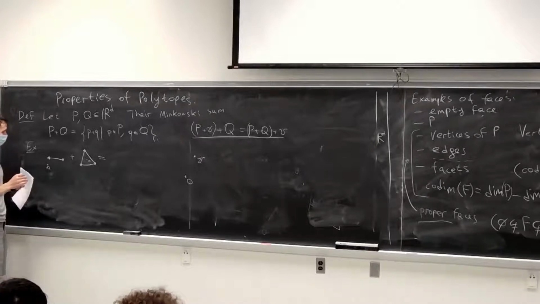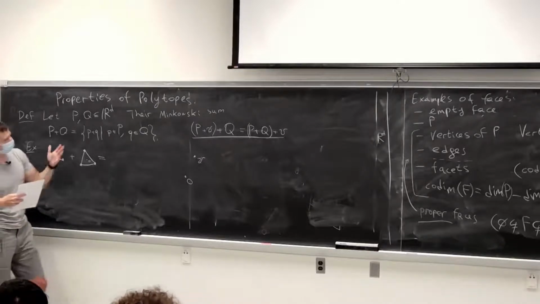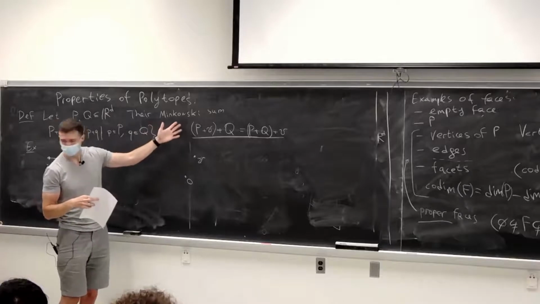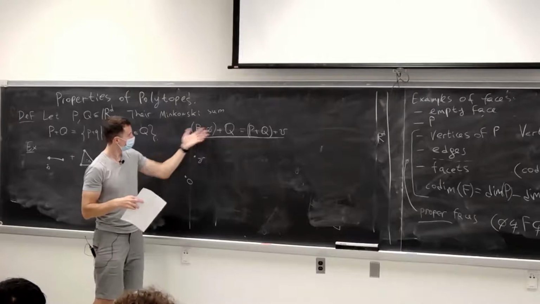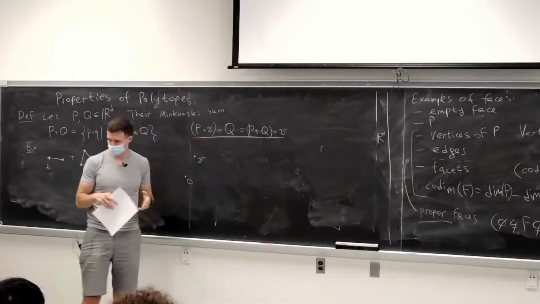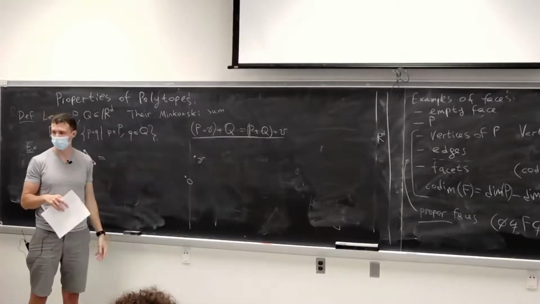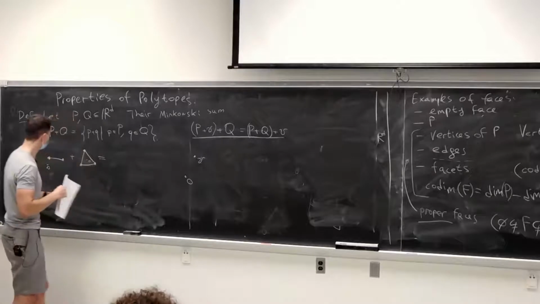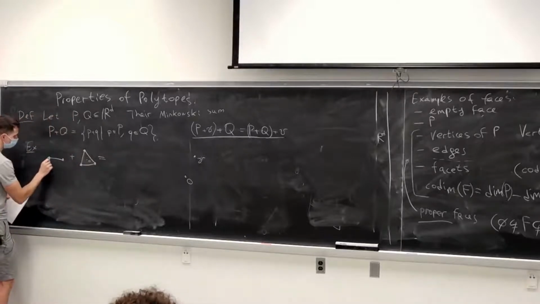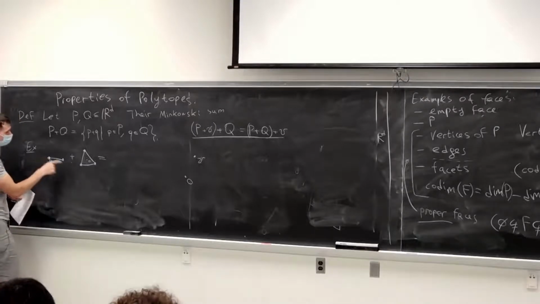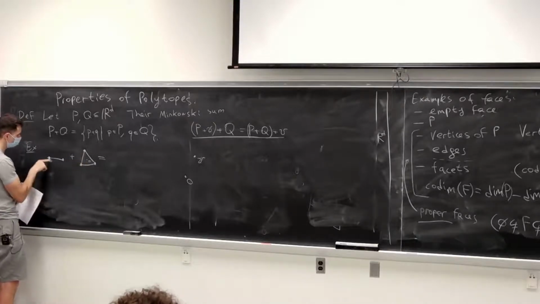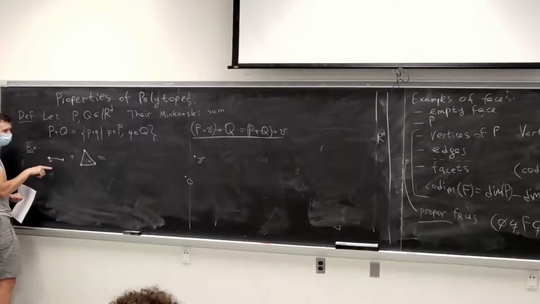Thank you. And the kind of cute trick is that you can use this to your advantage, and you can choose the origin to be where it's most convenient. So let's say we choose the origin to be this point here. And then every point in the triangle, you just add all these vectors that point to the right.